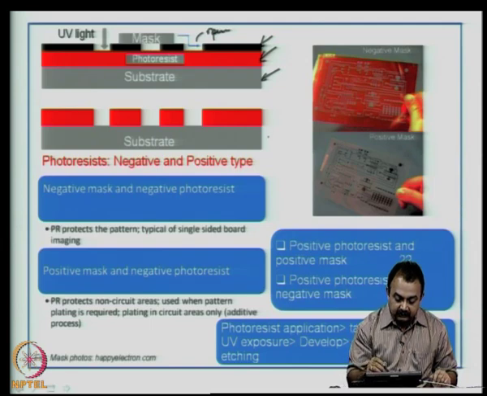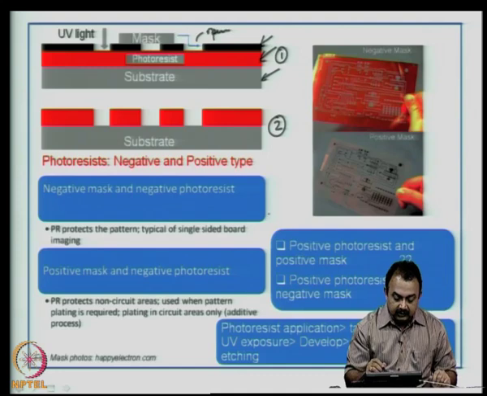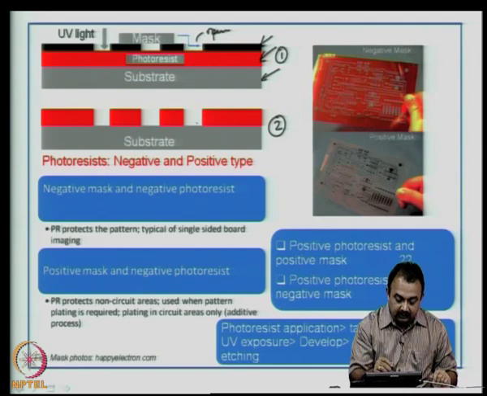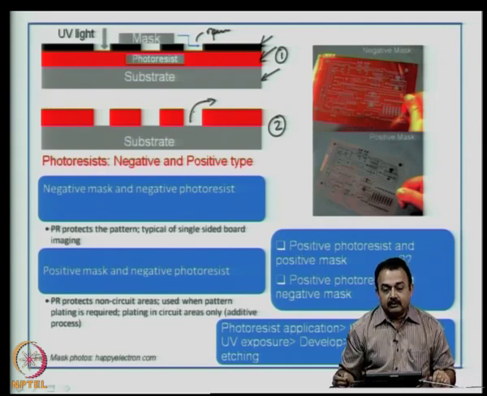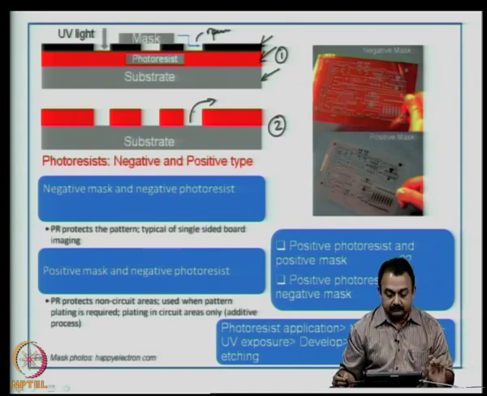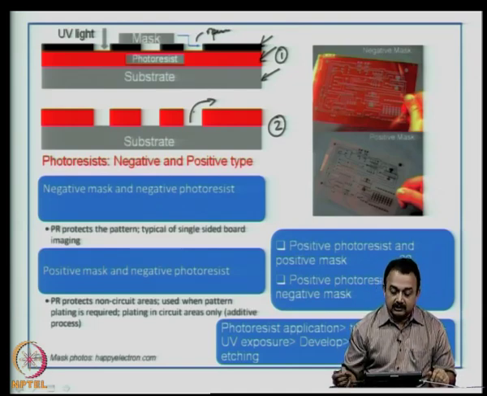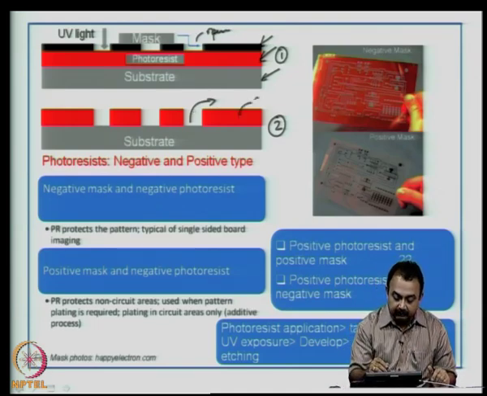So, if you look at the next figure, you see the exposure is over, the mask is removed, and you can see after the developing process is over, some of the photoresist material is removed. So, you get a sort of a pattern. Now, let us assume that these are the copper areas.